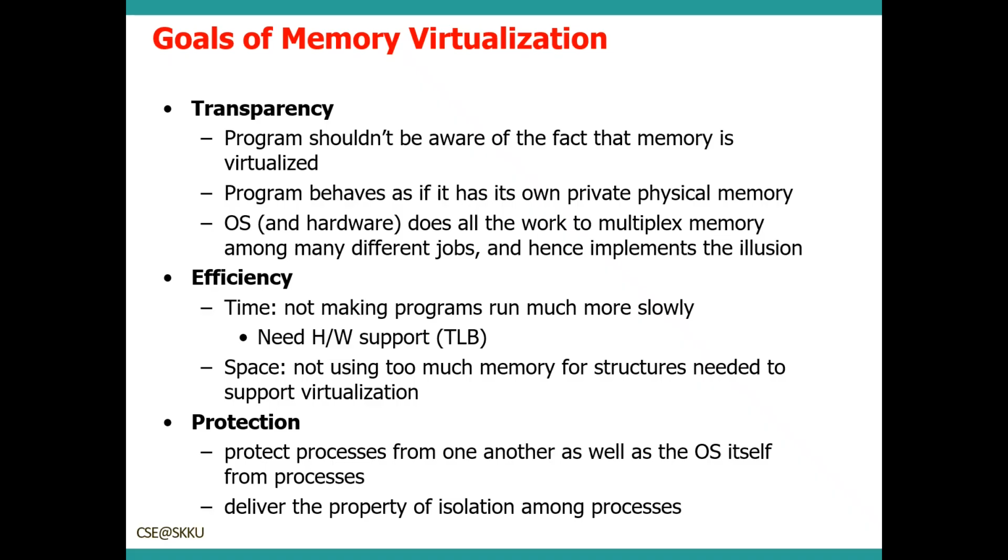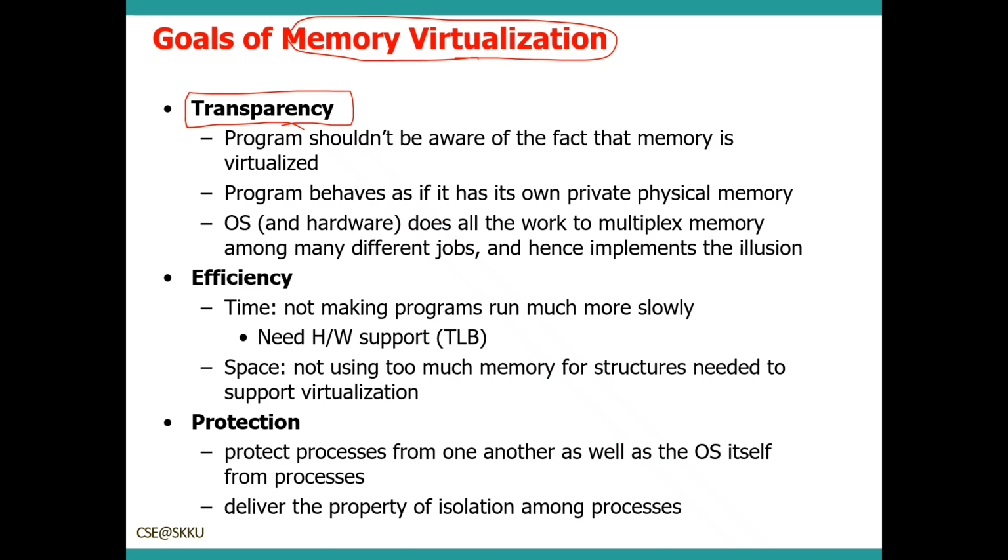So the operating system must provide memory virtualization. There are several goals of memory virtualization. First is transparency. That means a program shouldn't be aware of the fact that the memory is virtualized. Okay, so a program only accesses its virtual memory space.